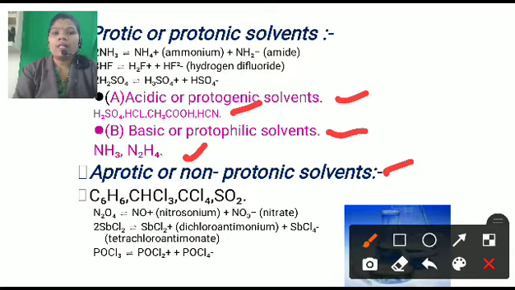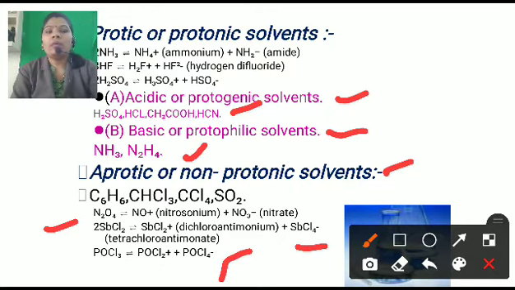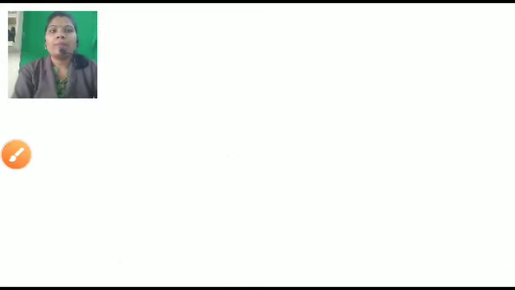SbCl3 is dissociated into SbCl2 plus and SbCl4 minus. Also POCl3 is dissociated into POCl2 plus and POCl4 minus. That means these are solvents which dissociate into positive and negative charges, and that's why any solute can be dissolved in that solvent. This is the protic and aprotic solvent.